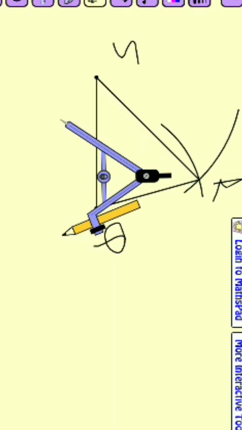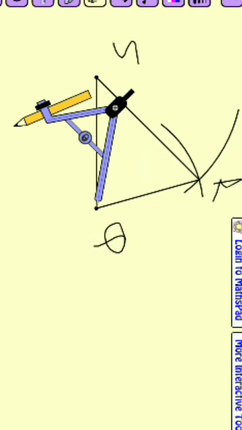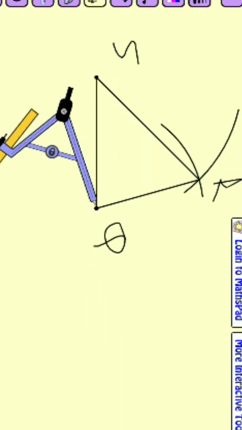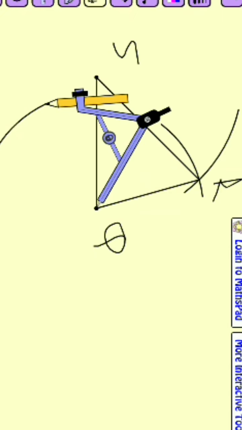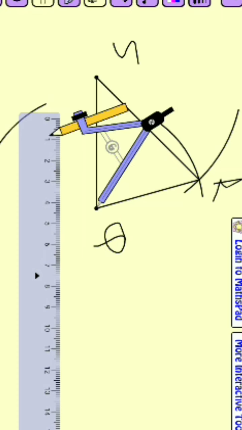Place it on point Q and draw the arc. Now take the distance PS, that is 4.3.